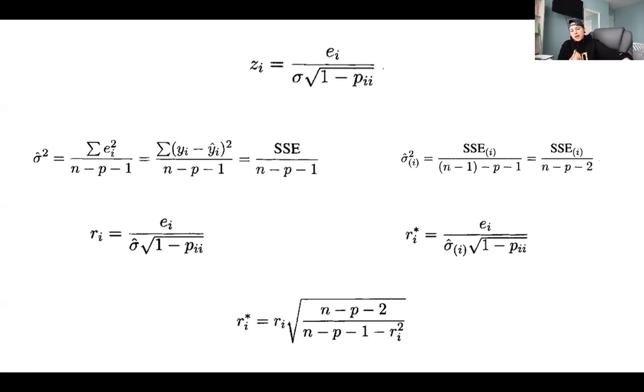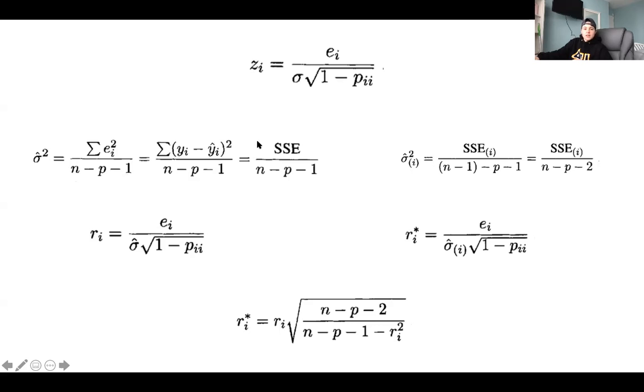An unbiased estimate of sigma squared will be equal to this formula right here, which would be our sigma hat squared, equal to our summation of e sub i squared all over our degrees of freedom, which is n minus p minus 1. To break this down further, we can turn e sub i squared into y sub i minus y sub i hat squared.